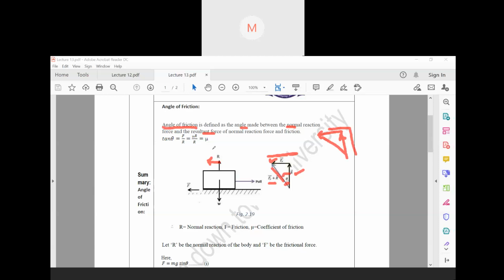Now, how to find the angle of friction? You can write tan theta equal to F by R, perpendicular by base.